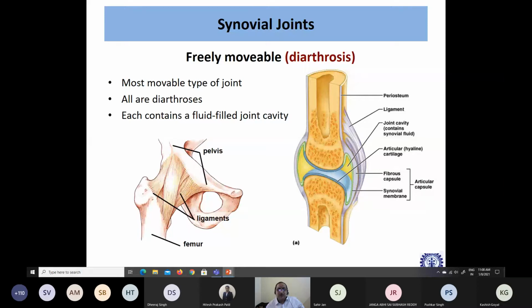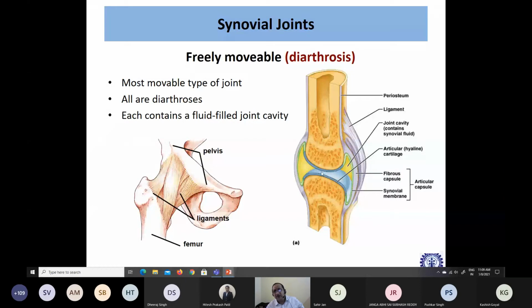So the most movable type of joints, as it has been marked here, and each contains a fluid-filled joint cavity, which is shown in this figure A.